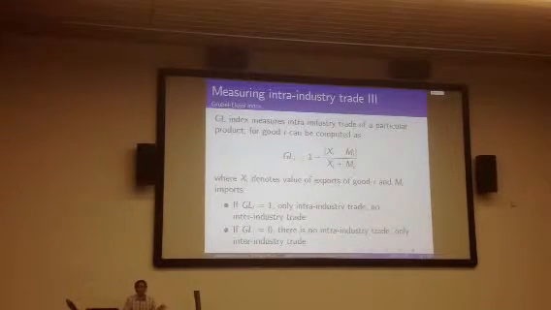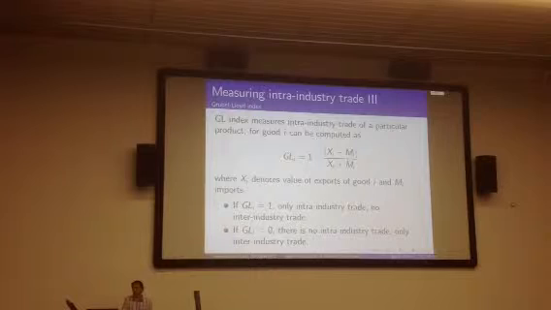But anyway, the idea is that if you don't import any cars, then this is going to be 0. And so the index is going to be equal to 1 minus this value over the same value, and so it's going to be equal to 0, because this over that is just going to be equal to 1.